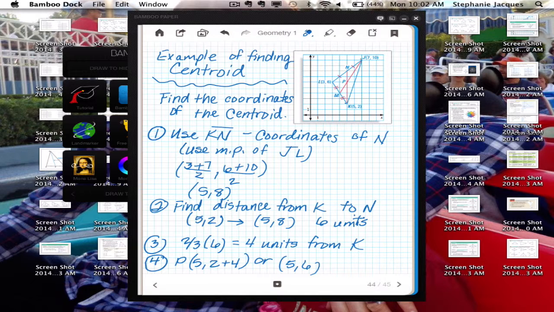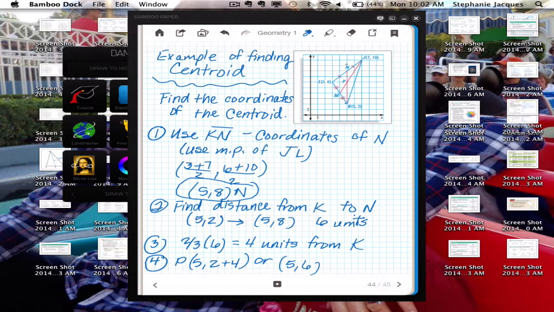In order to find those coordinates, I plug it into the midpoint formula. So I do 3 plus 7, which are my x, and 6 plus 10, which are my y, and I divide by 2 because it's the midpoint. So the point for n is 5, 8. So know that the coordinates for point n are 5, 8.